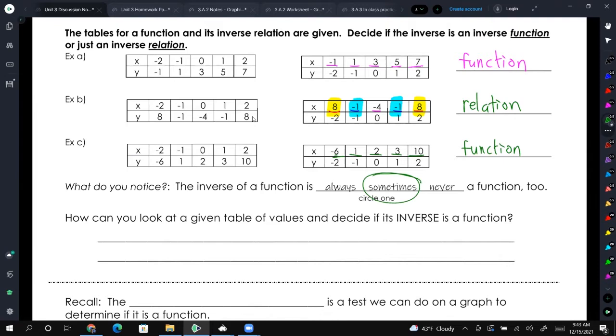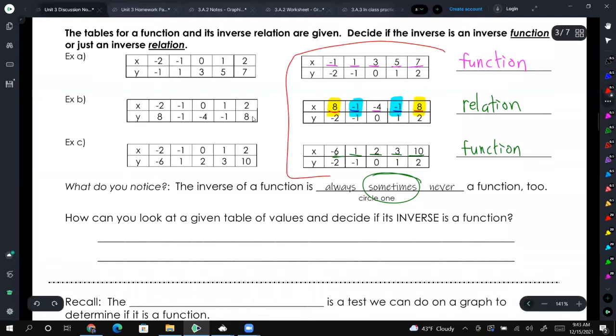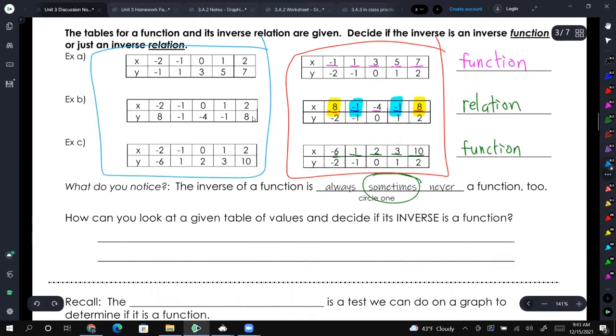Now, is there a way that we could determine if the inverse is a function without doing this step right here of creating a new table? Can we just use the table of the original function to tell if the inverse will be a function or not?